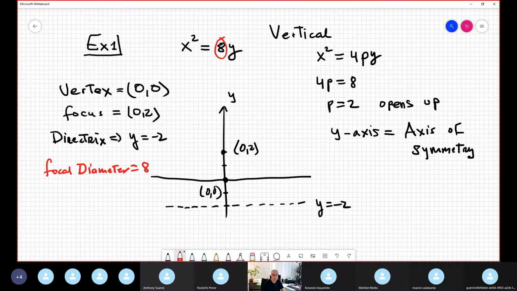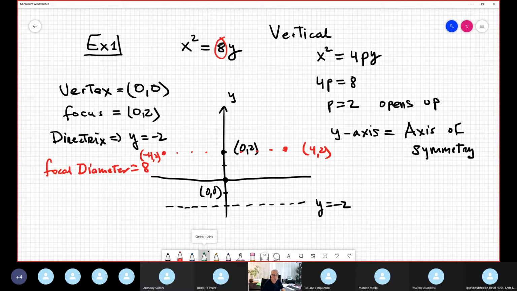Entonces es 1, 2, 3, 4, and 1, 2, 3, and 4. That point is the point 4,2, and that point is negative 4,2. This is the focal diameter. And our parabola looks like that.